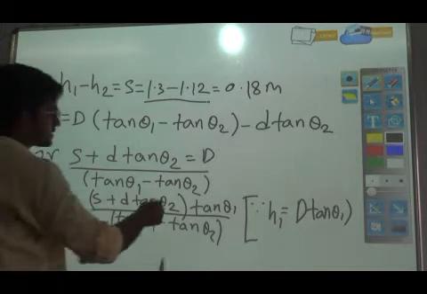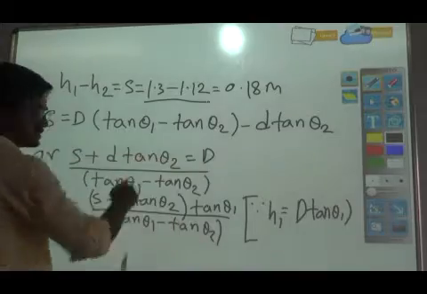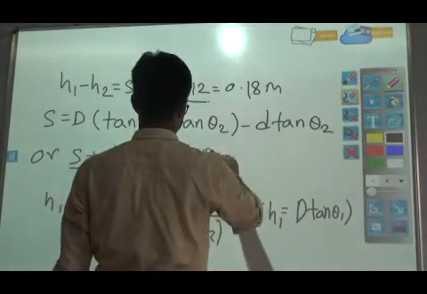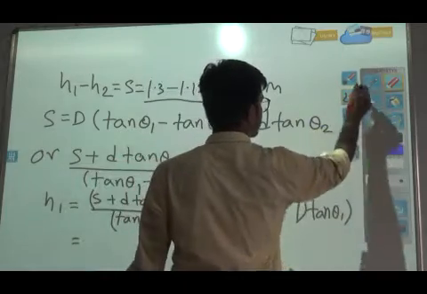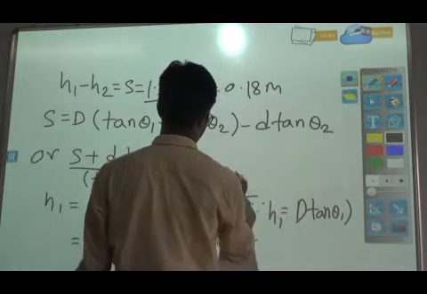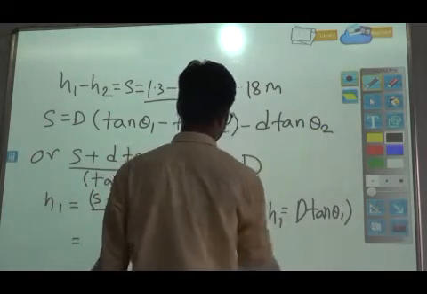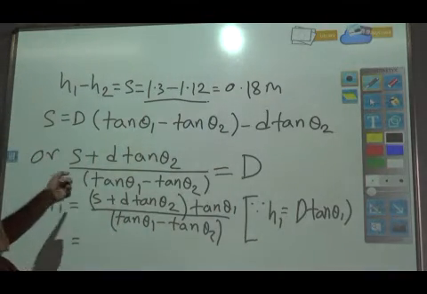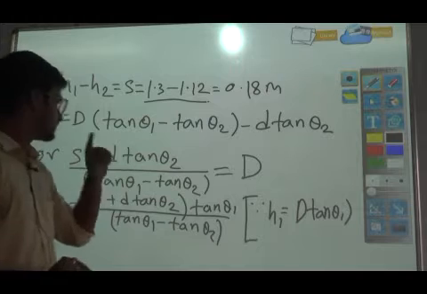After simplifying this equation, we get the value of d will be equal to s plus d tan theta 2 divided by tan theta 1 minus tan theta 2.